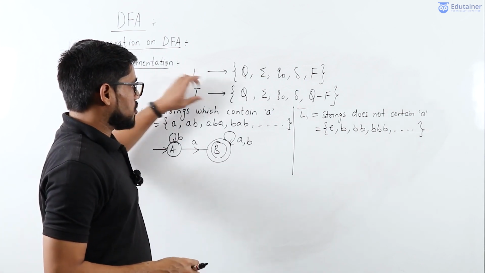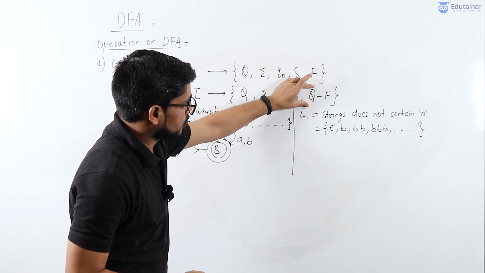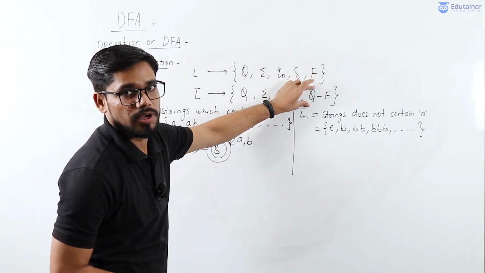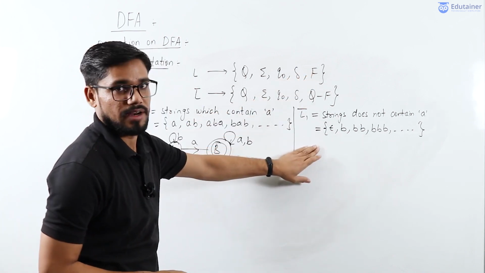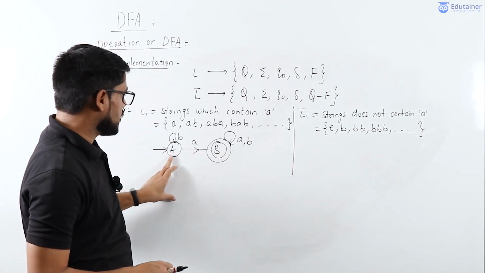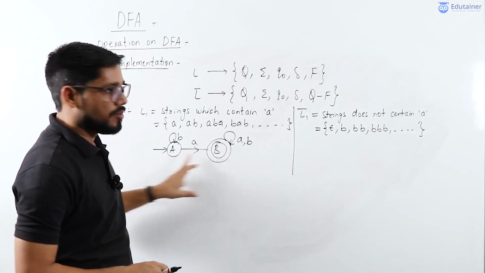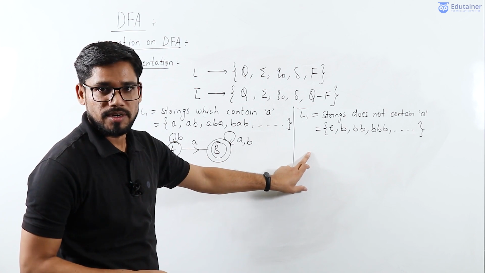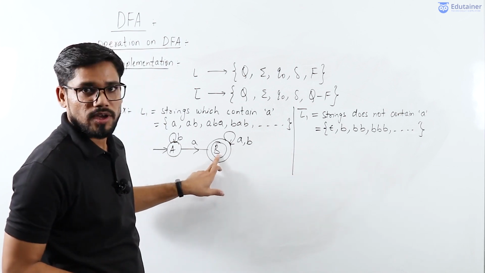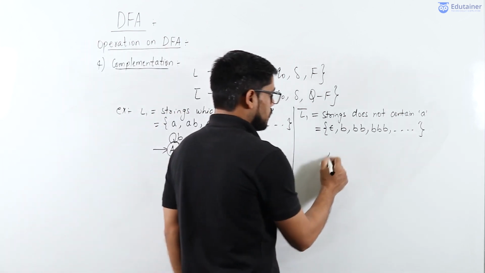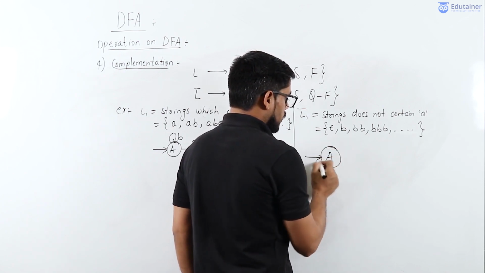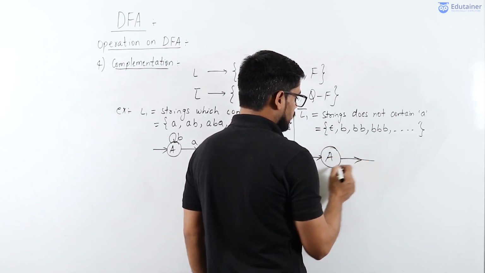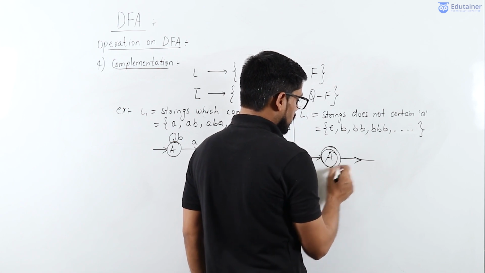Okay. So from the definition, the non-final states will become the final states in the complemented language. So here the non-final state is capital A. So it will become the final state in the complemented language and capital B will become the non-final state. So I can draw the transition diagram easily for the complemented language.